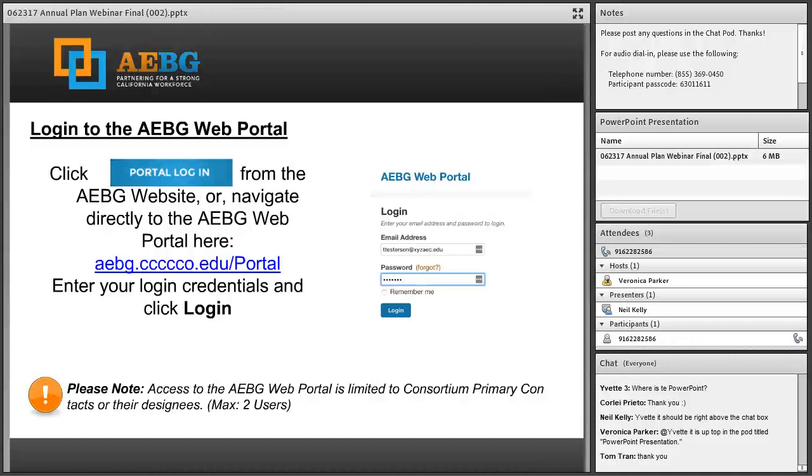You would log on with your email and your password, so remember your password. Access is limited to 2 users.